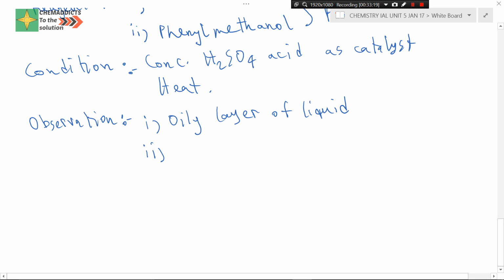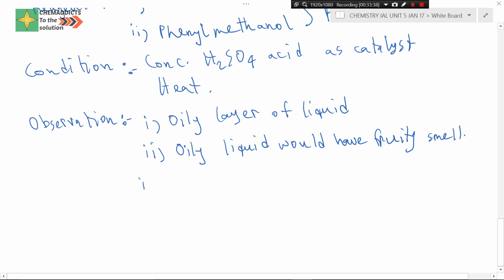Then the second observation would be this oily liquid has a fruity smell. Then the third observation would be effervescence of carbon dioxide is observed.